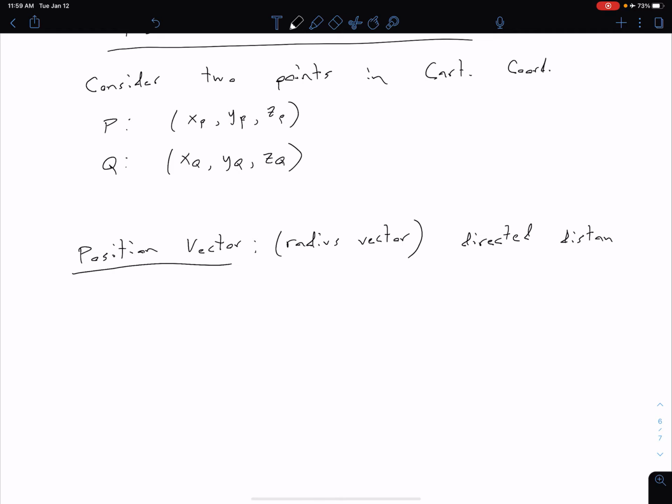Of course, if we have a vector, we're talking about a direction, so that's why we have directed distance from the origin to the point of interest.